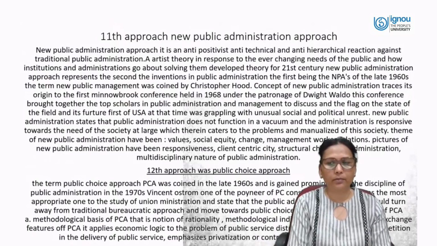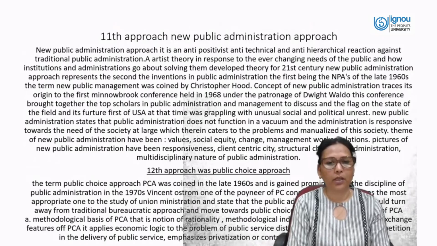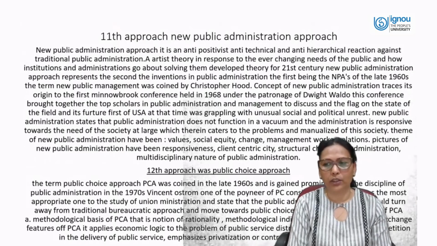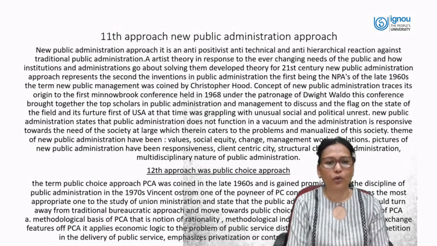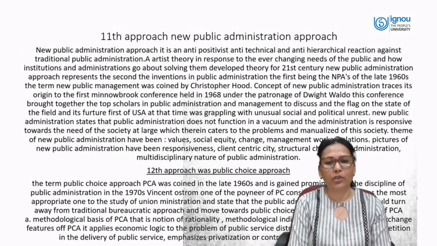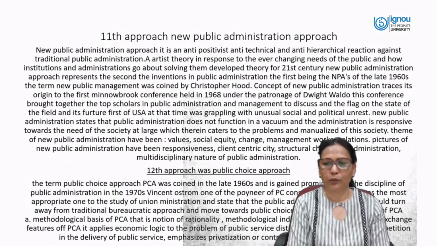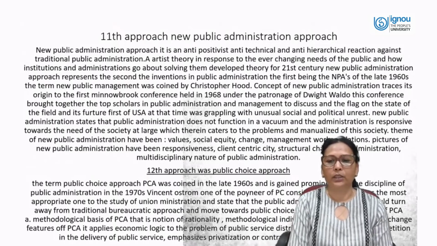This conference brought together the top scholars in public administration and management to discuss the state of the field and its future, for the USA at that time was grappling with unusual social and political unrest.